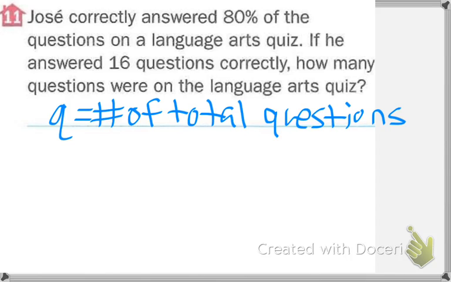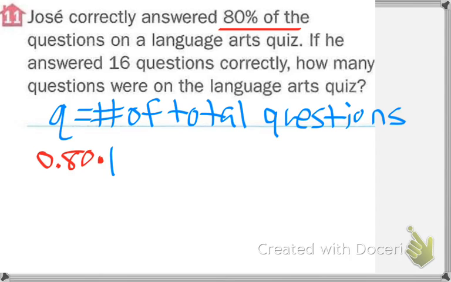It says Jose correctly answered 80% of the questions on the language arts quiz. 80% of, a fraction of, or a percent of, anytime we say that, we're almost 100% talking about multiplying. Well, 80% as a decimal is 0.80. So we're going to multiply that by the language arts quiz, which is all the questions. All the questions is Q, the total number of questions.